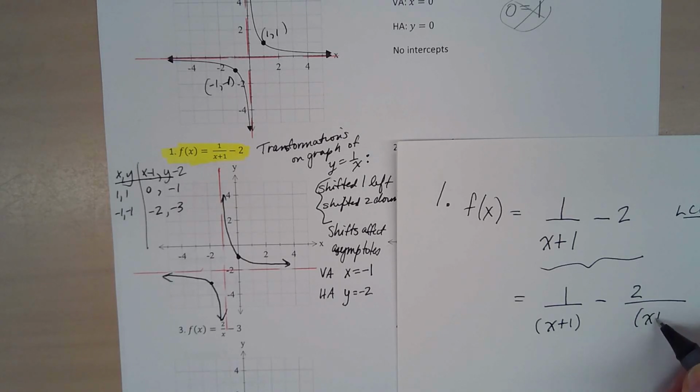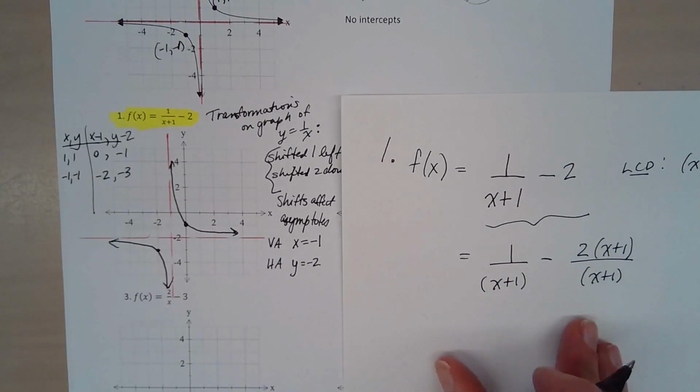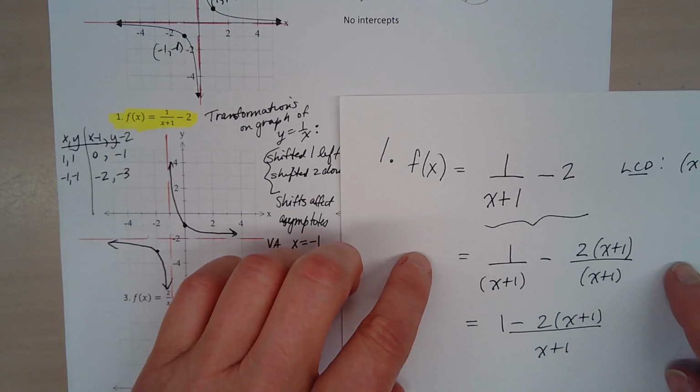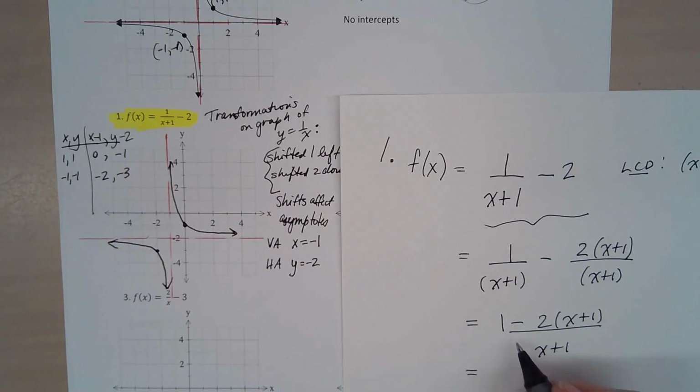I'd have to do x plus 1 on the bottom, and then I'd have to do the same on the top so it doesn't disrupt the value at all. So now I can combine these on 1, and I get 2 times x plus 1 all over x plus 1, right? Because that's the whole purpose of common denominator, so I can push two terms together. So then what do I end up with? I get 1 minus 2x minus 1, agreed?